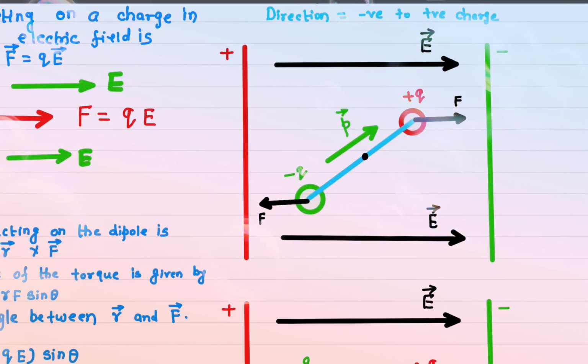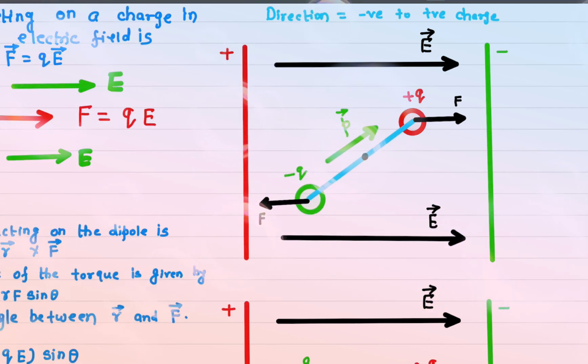But now let's see. As the magnitudes of the charges are equal, the magnitudes of the forces are also equal. So the net force acting on the system is zero. But there's one catch here. Although the net force is zero, these forces are not on the same line of action.